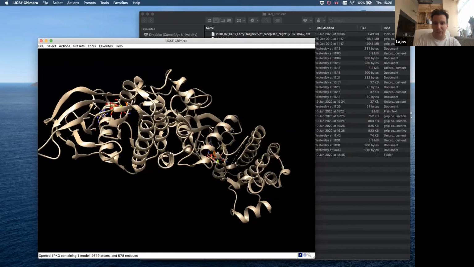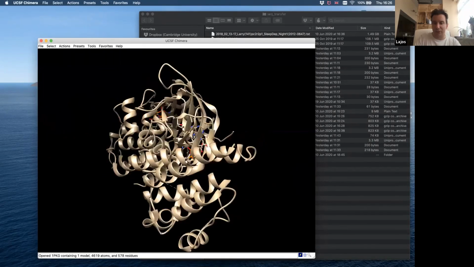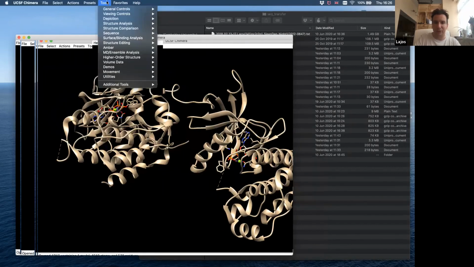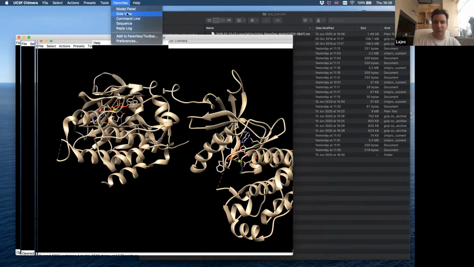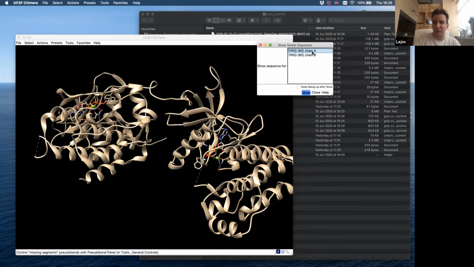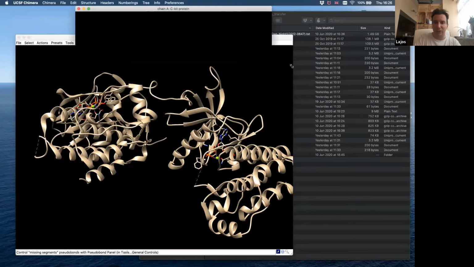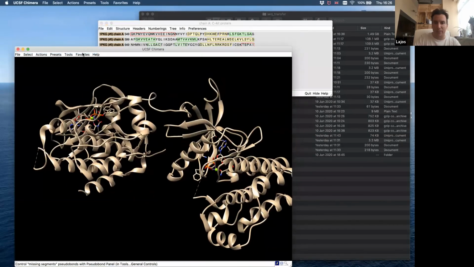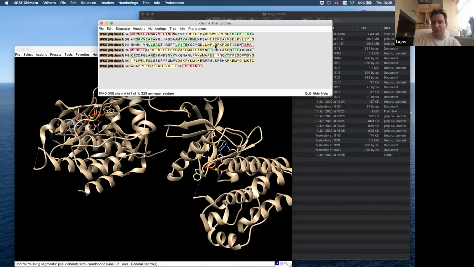And you have the structure here, so you can rotate, you can color, you can highlight parts. You can choose the sequence panel. There are 2 chains in this structure, probably 2 different proteins, or 2 different domains. If you just look at chain 1, I hope you can see my multiple windows. Here you already have some colorings based on the secondary structure elements.